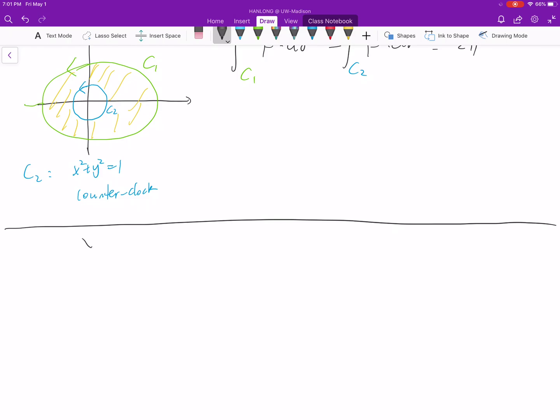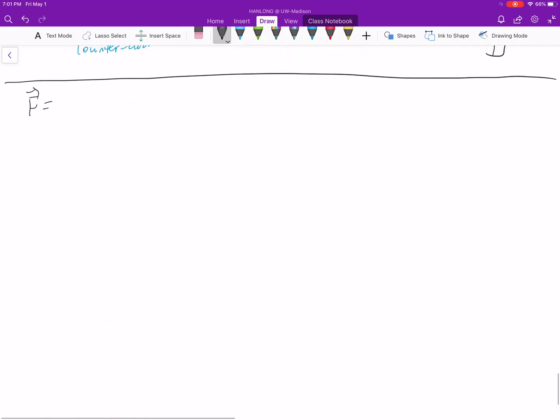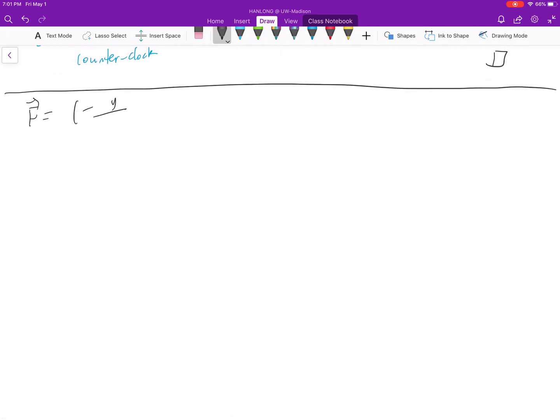Okay, now let's look at the vector field a little bit. We are done with the problem, so I would like to see something more. So here you will have what's your field? Negative y, x squared plus y squared.